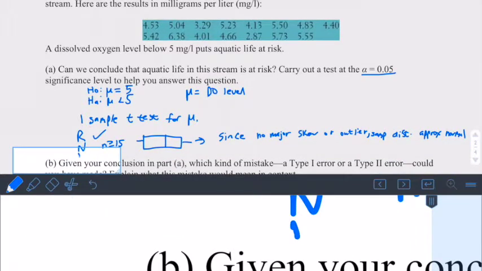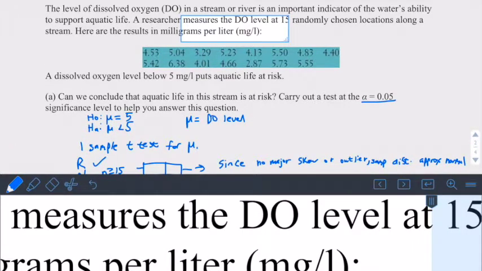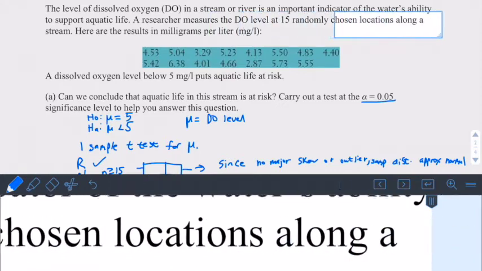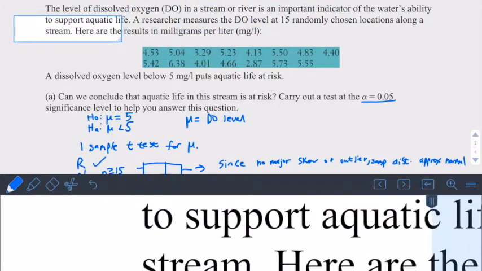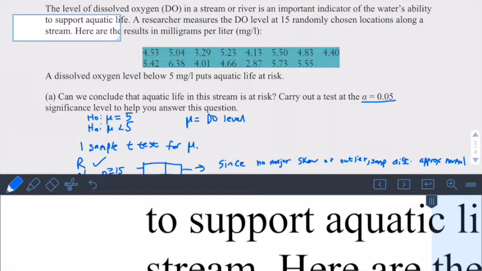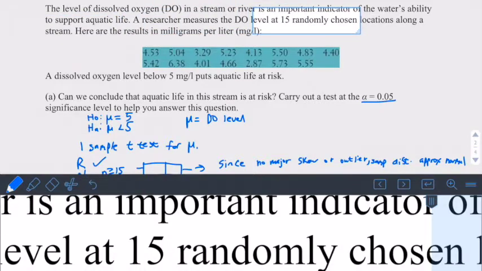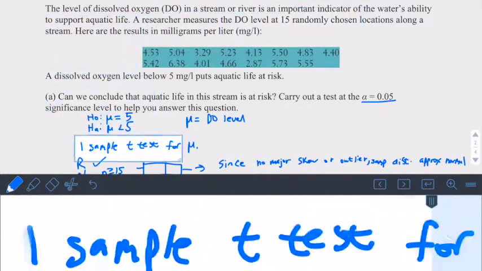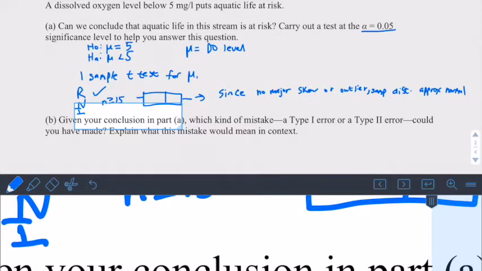And independent, in this case, we could say that these 15 locations are independent of each other because the level at the one location will not affect the level at another location. So independent sample.